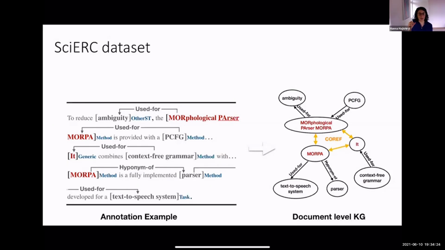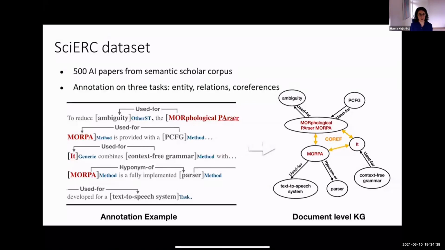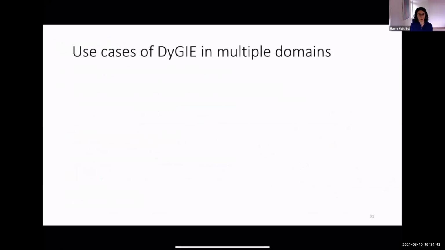To leverage cross-sentence relationships, we introduced co-reference links. So now we are able to handle cross-sentence relationships. This is annotated for 500 AI abstracts, and we have annotations for all these 3 tasks.